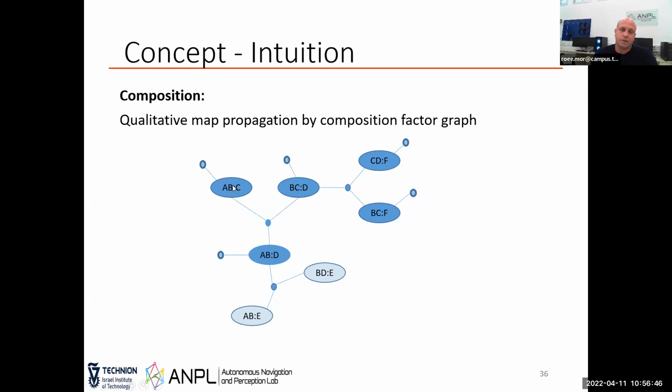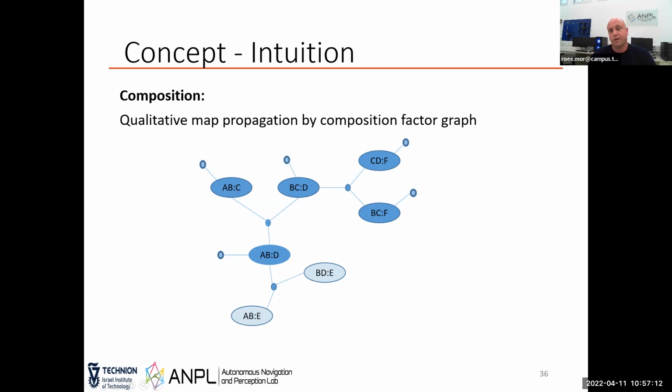One type is variable nodes, which are the variables we want to estimate. In this case, it's a landmark triplet, the qualitative state of a specific landmark in reference to two other landmarks. And then we also have factor nodes. The factor nodes are probabilistic connections between these variable nodes.